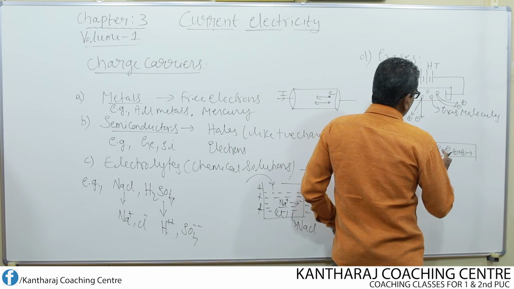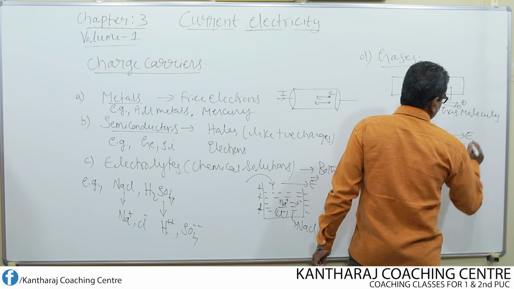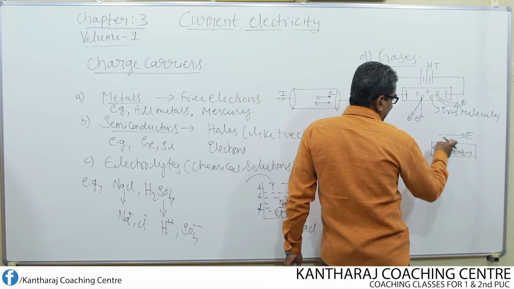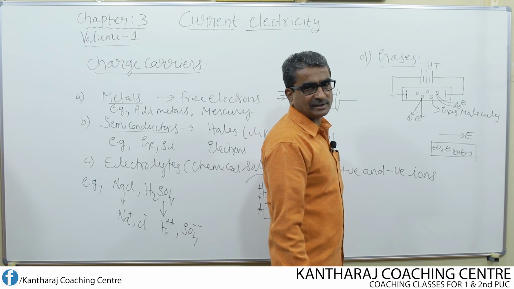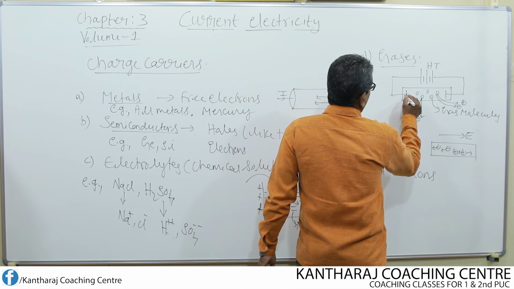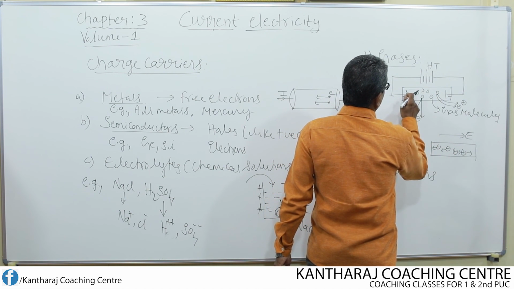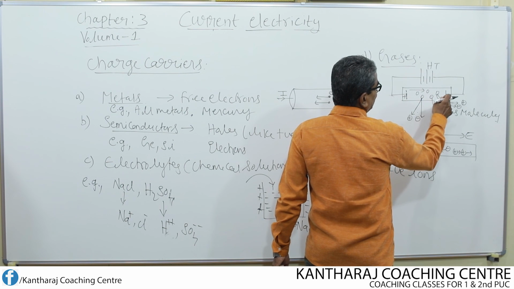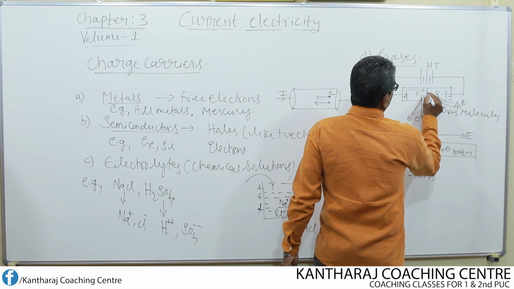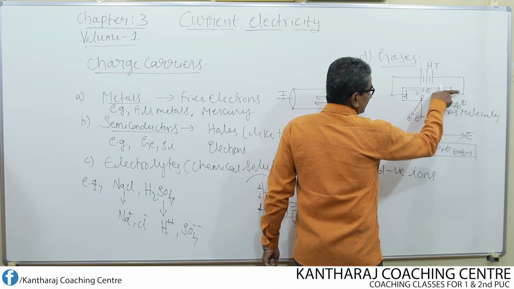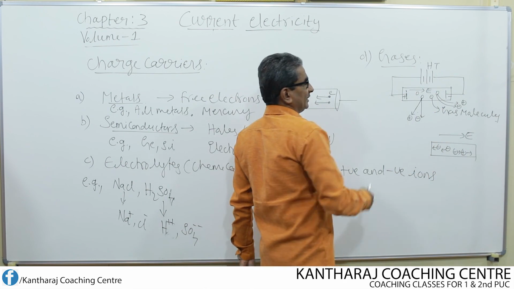The direction of the electric field is always from the positive terminal to the negative terminal. Positive ions move in the direction of the electric field, and negative ions move opposite to it.